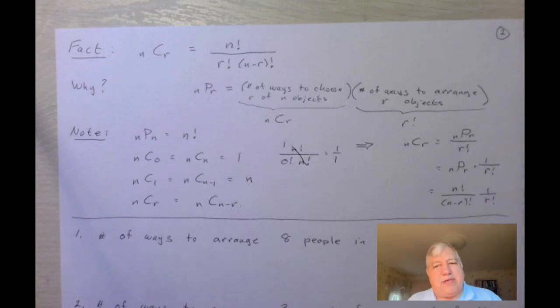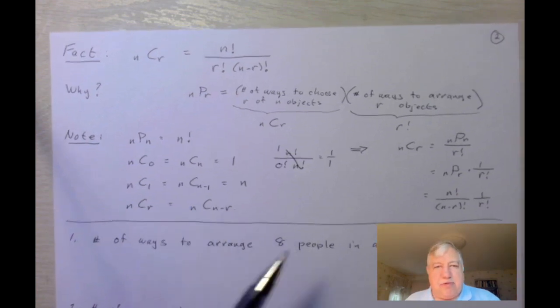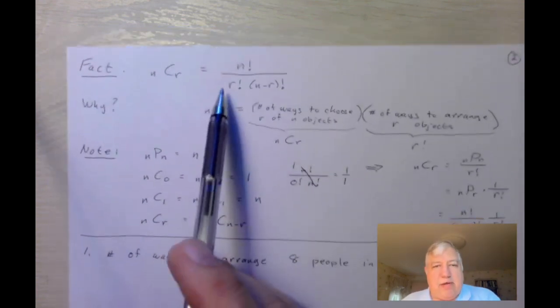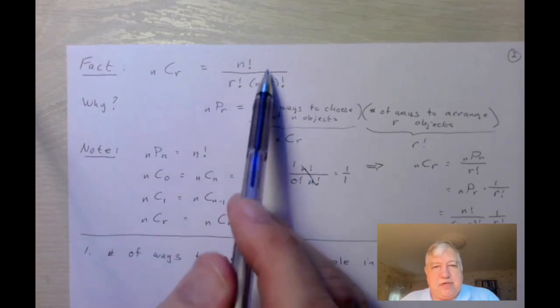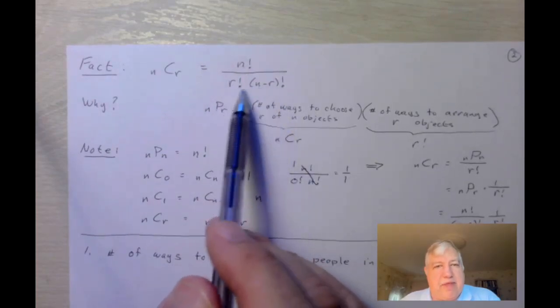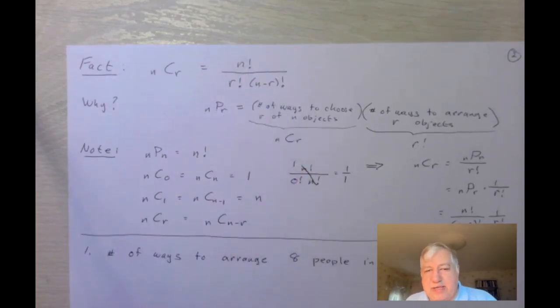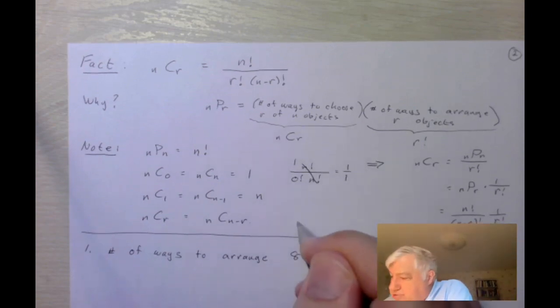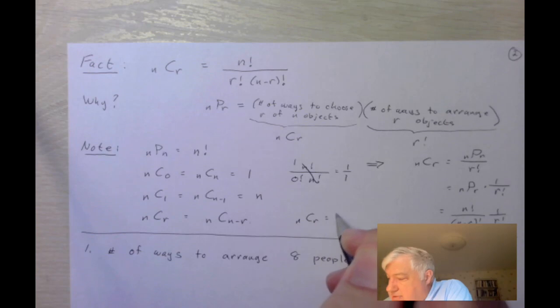So every time you're choosing a set of r objects, you're also choosing a set of n minus r objects. That's why these numbers are the same. And of course, algebraically, we see that this is just this with the n minus r and the r interchanged. So that's why it's the same. One thing: sometimes I will say nCr, and I'll denote that as n choose r.